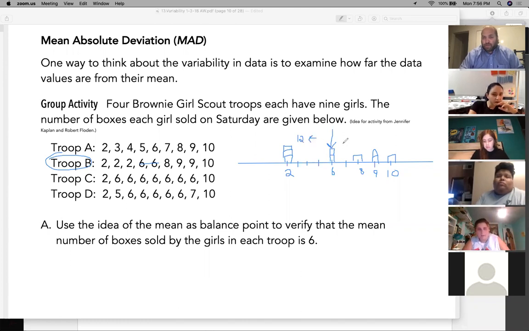Now, this one here is 2 units to the right. This one here is 3 and 3 for a total of 6 units to the right. And this one here is 4 units to the right. For a total of how much? 12. And they cancel out. They balance. The units left and the units right balance.